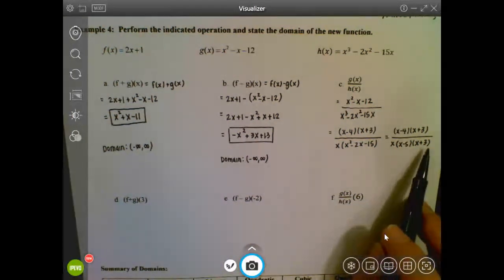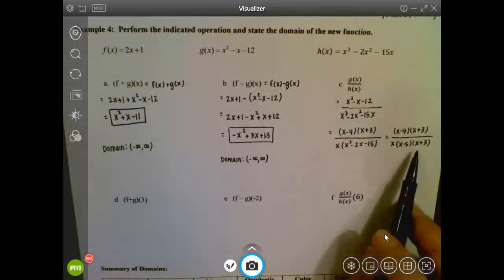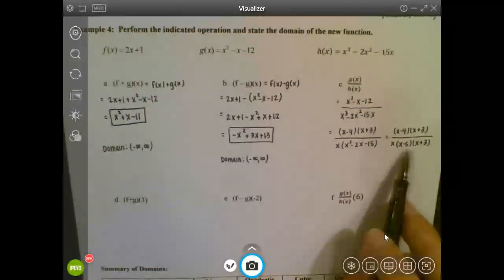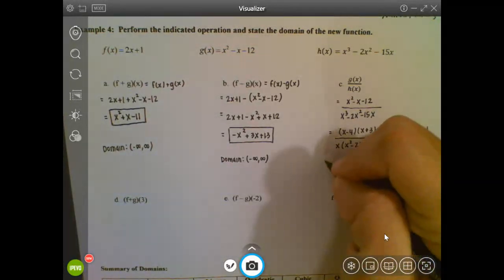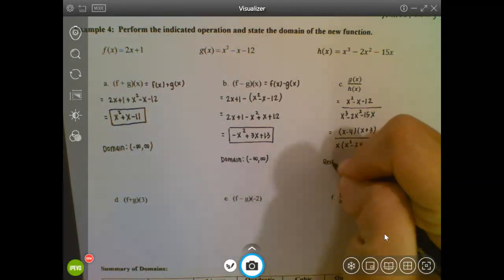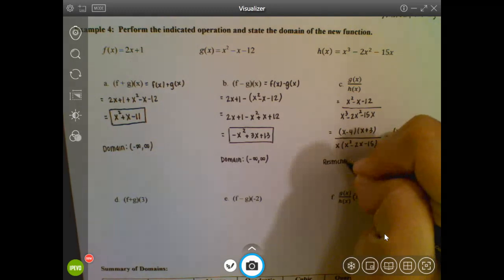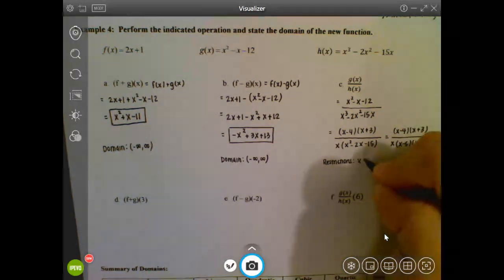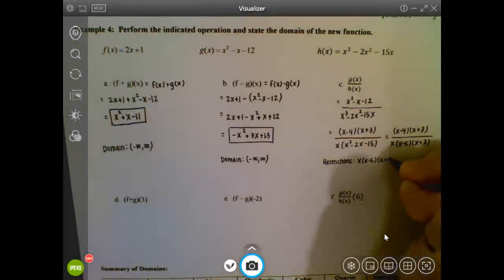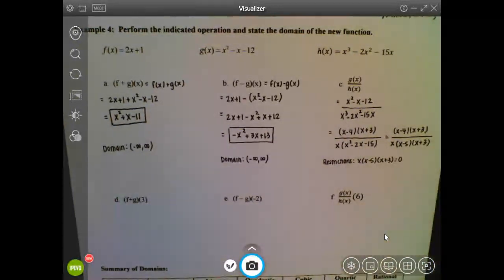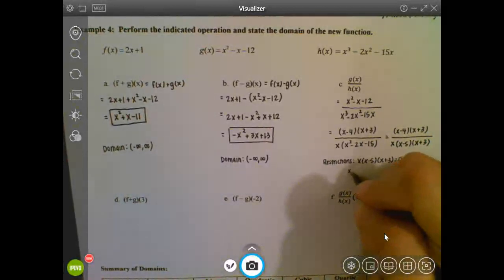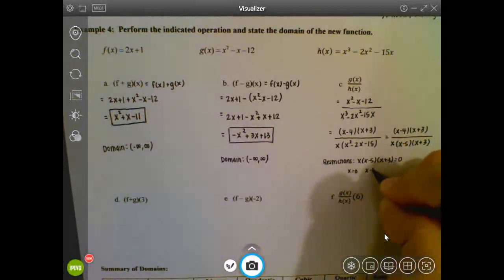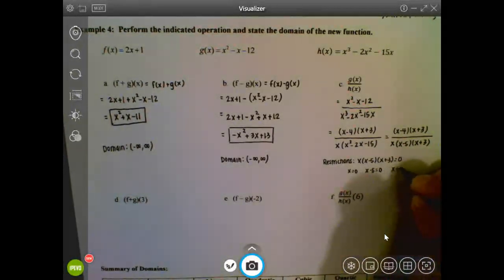Down here, I'm actually going to end up having 3 different domain restrictions because I have 3 different things going on in my denominator. So my restrictions here are going to be where x times x minus 5 times x plus 3 is equal to 0. So that means that I'd want to find where x is equal to 0, where x minus 5 is equal to 0, and where x plus 3 is equal to 0.